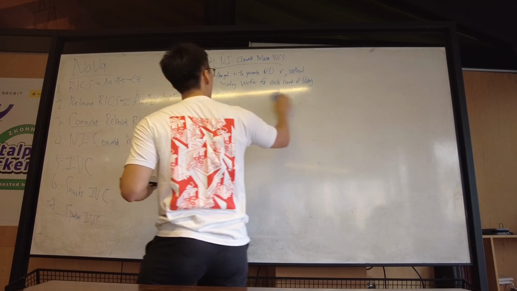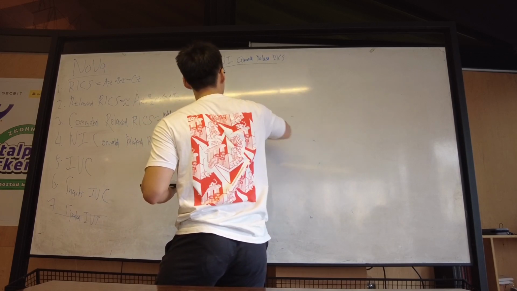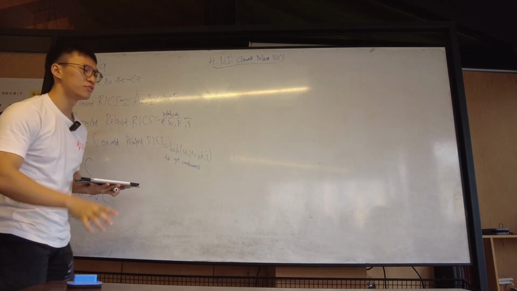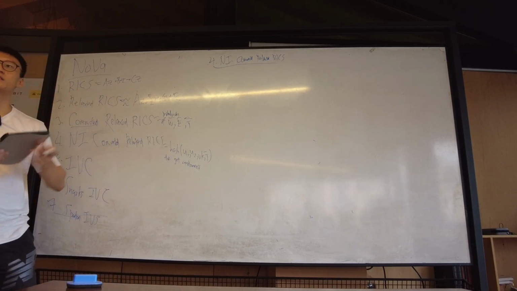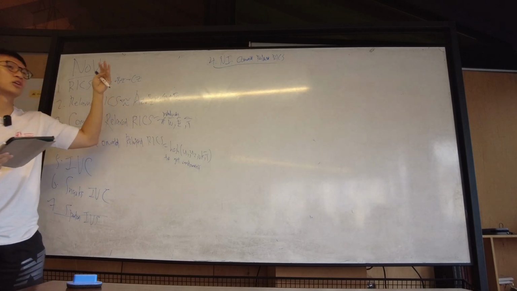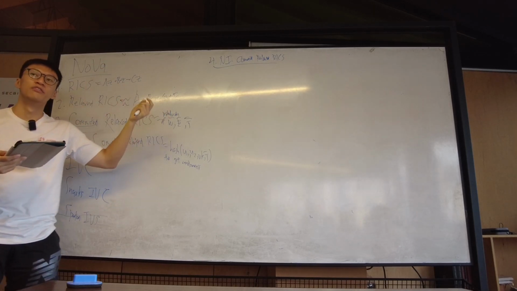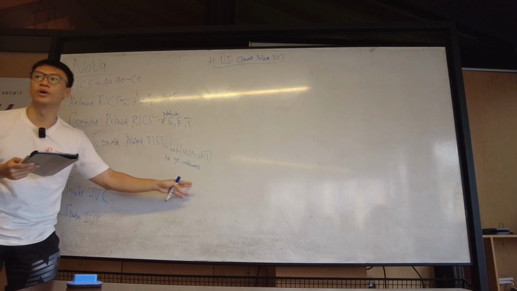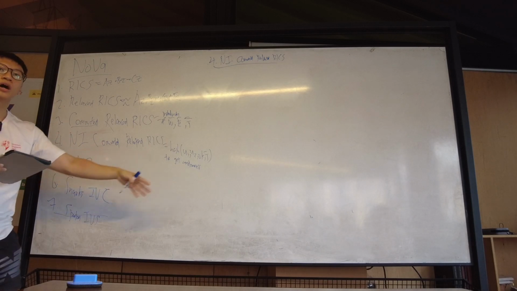So up till now, we have not actually gone through the IVC folding method. What we have seen is a technique to fold relaxed R1CS, to fold computation or circuits via the committed relaxed R1CS form in a non-interactive way. So this is what we have seen so far.